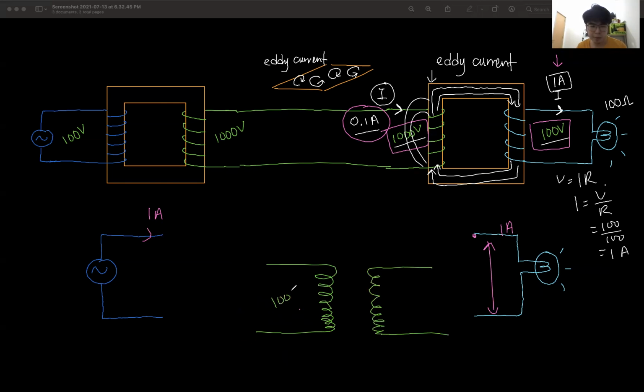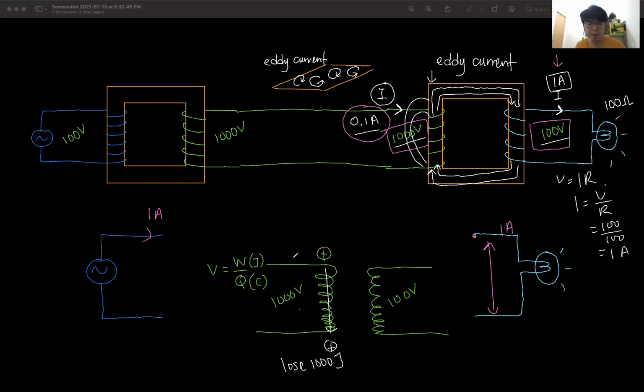Originally, this side is 1000 volt, right? This side is 100 volt. What is voltage? Voltage is energy per one charge. V equals W over Q, where W is energy in joule and Q is charge in coulomb. It means you take one coulomb of charge. When it flows from this point across the coil down here, it loses 1000 joule of energy.